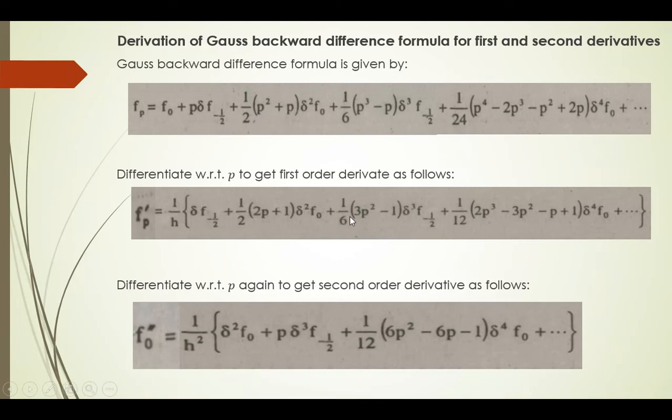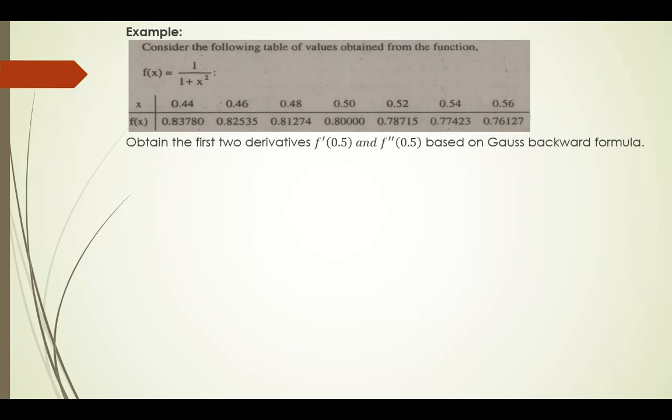The last example of this chapter, we need to find the first and second derivative by the use of Gauss backward difference formula. The same example is repeated, table of values is there, and you need to find f prime 0.5 and f double prime 0.5 by the use of Gauss backward formula.